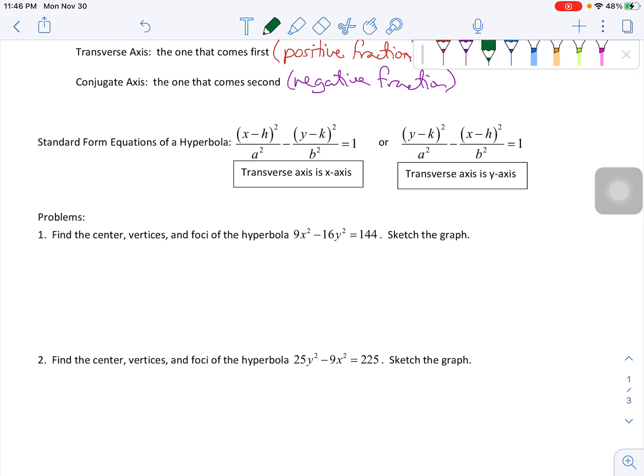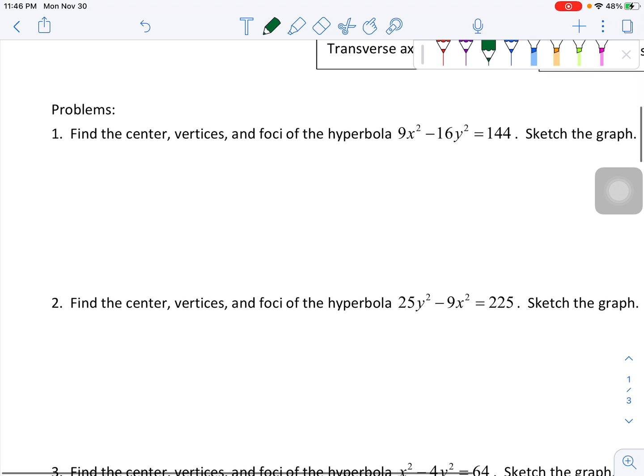So using that information, I can transform this given equation by dividing every single piece by 144. Now, off the top of my head, I don't quite recall what 9 over 144 is, so let me convert that into a pretty little fraction, and that's 1 over 16.